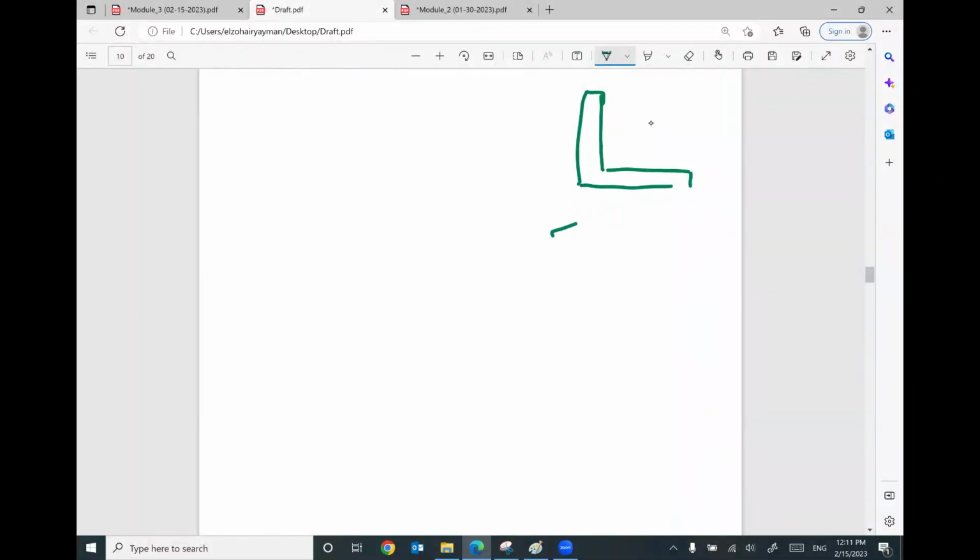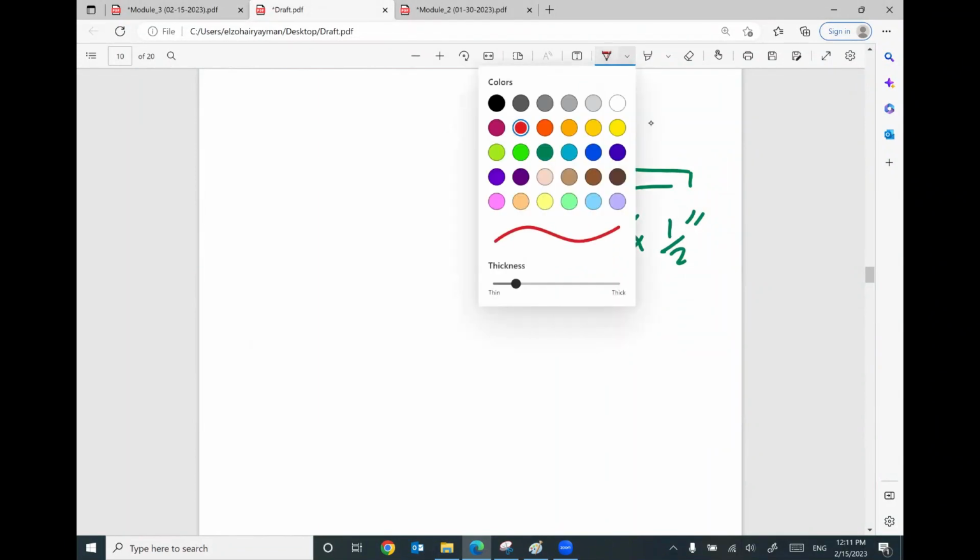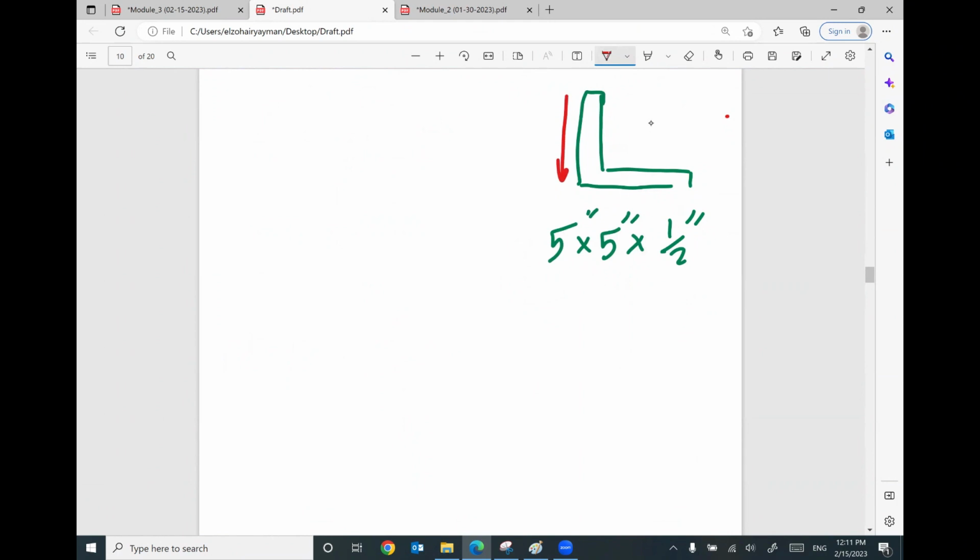It can be called 5 by 5 by 1/2 inch. What is the meaning of this name? The meaning is the length of this leg is 5 inch, the length of this leg is 5 inch, and the thickness for the two legs will be 1/2 inch.